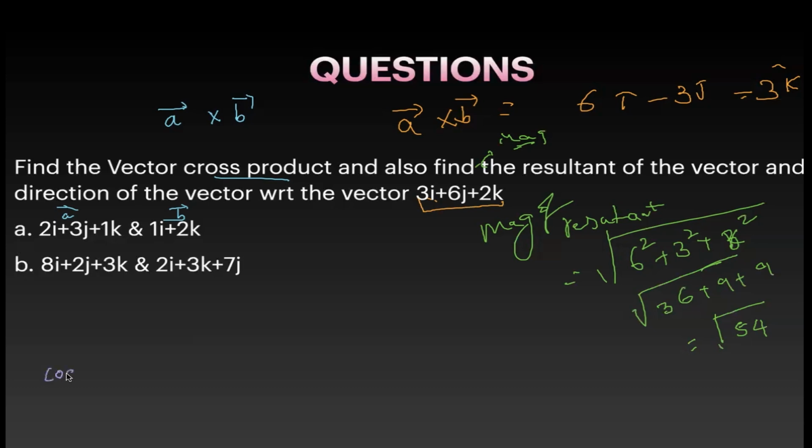Cos theta is nothing but A dot B by magnitude of B. So basically, if you take this as C and A cross B as D, we have to make small changes.